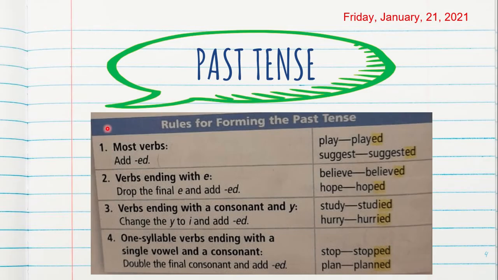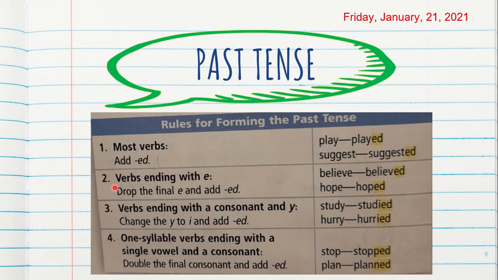Past tense. We have some rules here to form the past tense. For most verbs, we add the ed. Okay, I want you to look at the examples. Play, played. Suggest, suggested. Talk, talked. Work, worked. Okay, those are some examples.